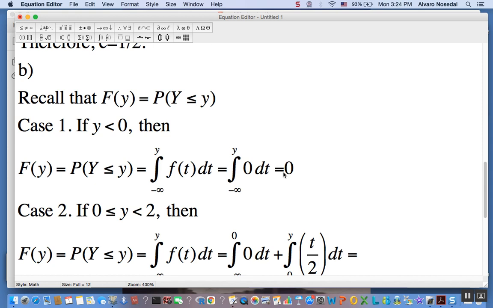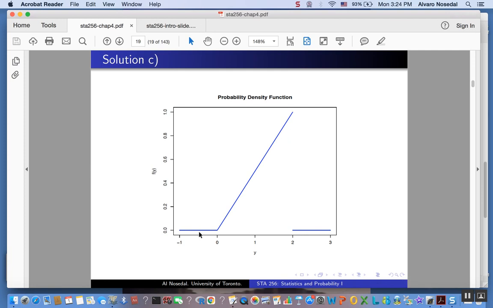Let me go back to this. If this is just a flat line, the integral underneath that flat line is 0, because you can see that the area there is 0. Okay.